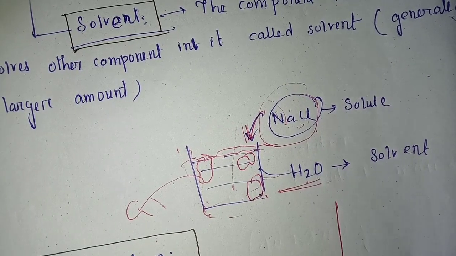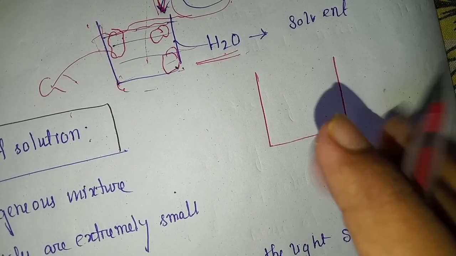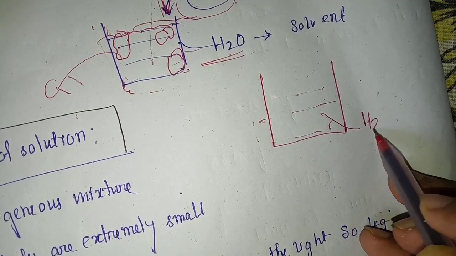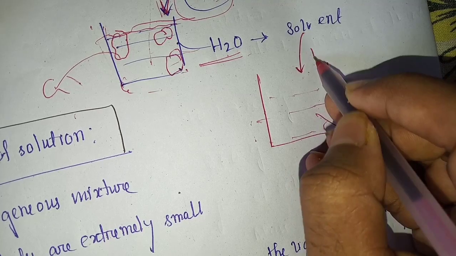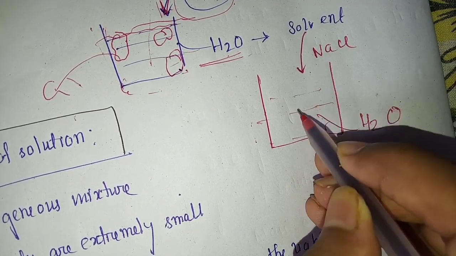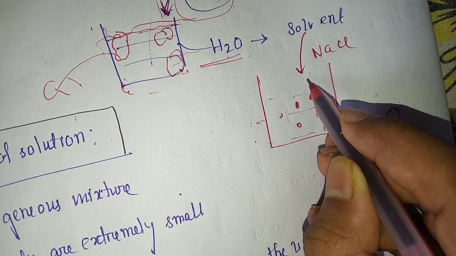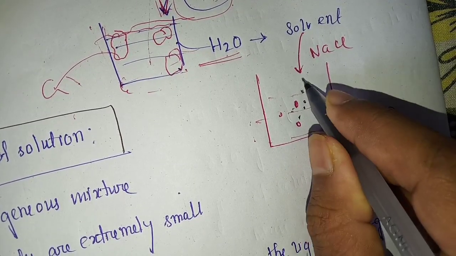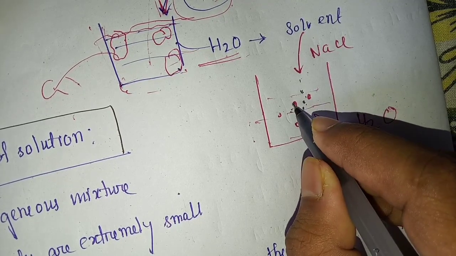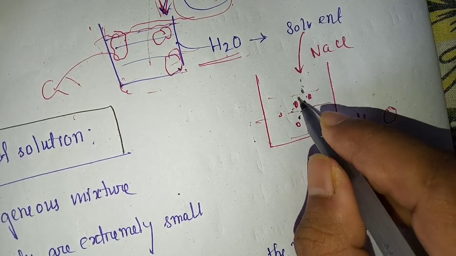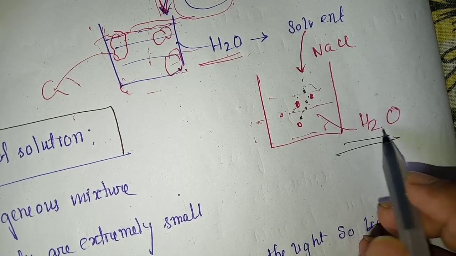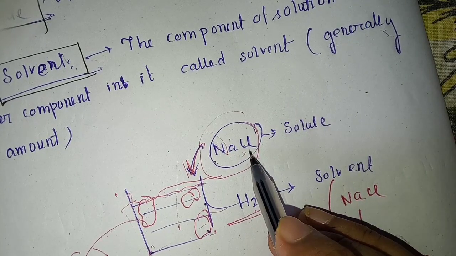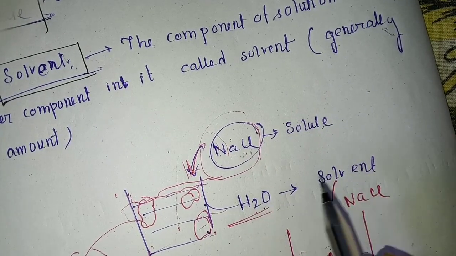It is mixing with the water molecules. Suppose it is my solution. Let me draw it again. Here first there is H2O, water, and I am adding NaCl. Suppose these are my water particles and this is my NaCl particle. So NaCl particles will mix and dissolve within the H2O particles. In this example NaCl is my solute and H2O is my solvent.